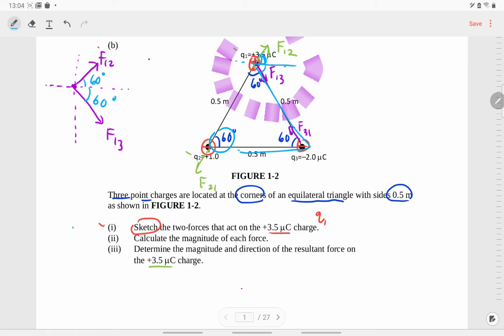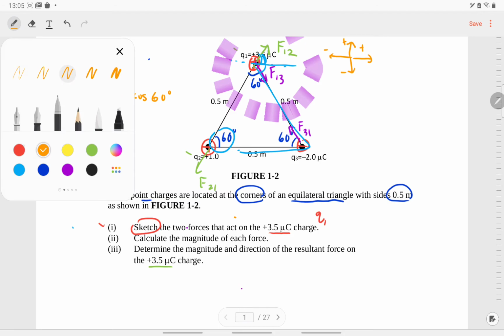Sekarang ni kita ada force in X and Y component, so bermaksud you have to resolve into X and Y component. For example untuk F12, kalau kita resolve ni akan jadi F12 cos 60. And then you kena apply ni juga kelas, jangan lupa: positive to the right, negative to the left, upward positive, downward negative. Untuk Y component F12, dia akan jadi upward, so ni akan jadi F12 sin 60 degree.